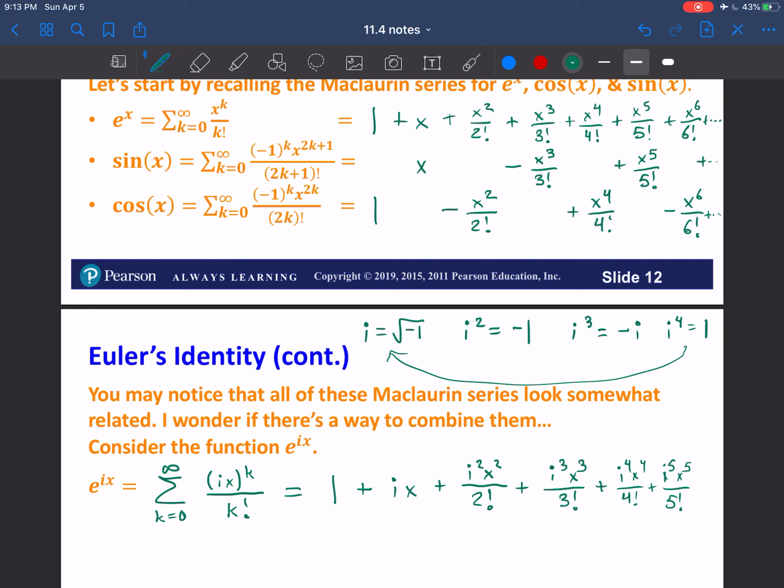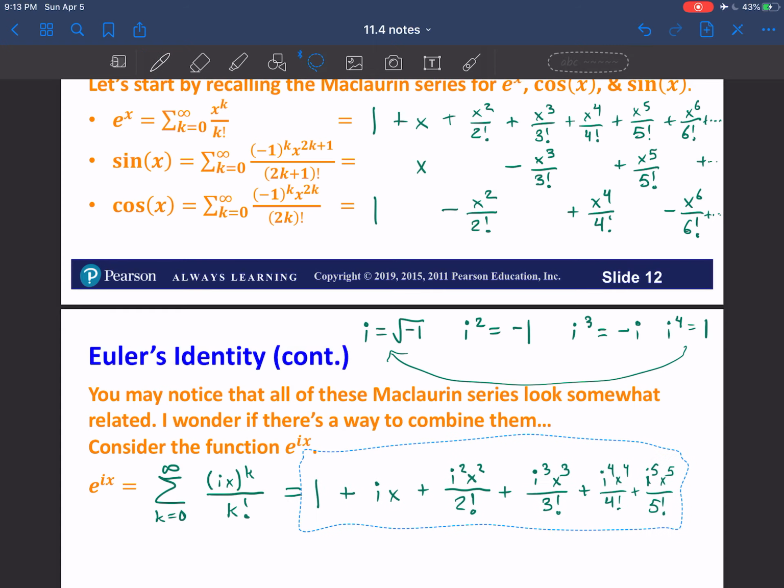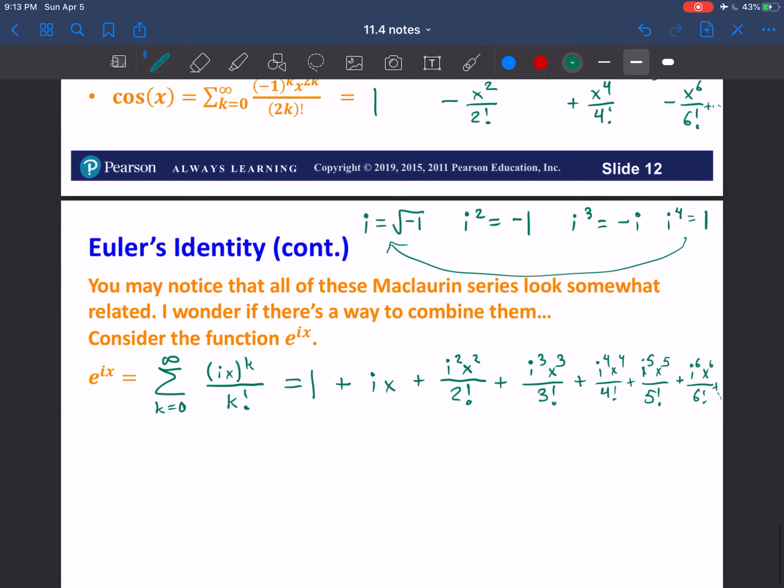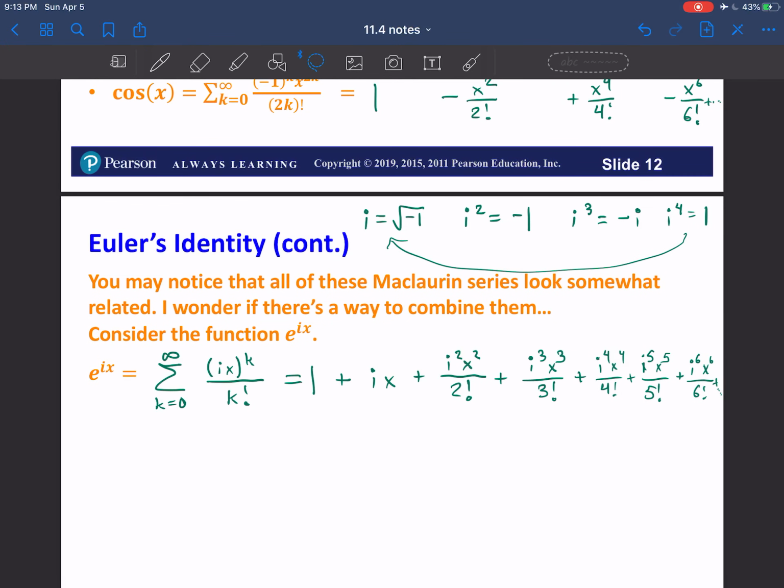And I'm going to once again have to give myself a little bit of space. Plus i to the 6th x to the 6th over 6 factorial, and this continues on and on. Let me make this look a little bit cleaner.